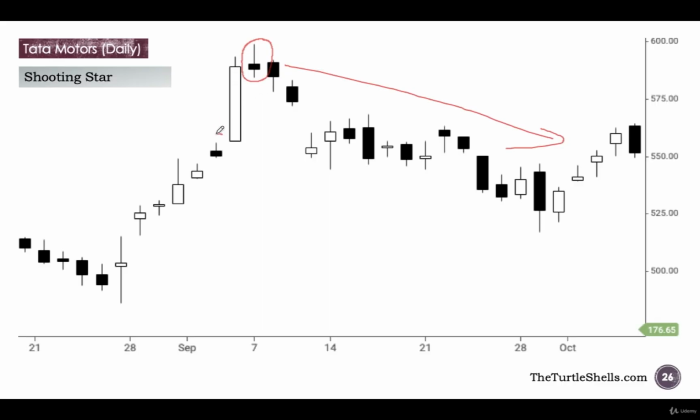So we have to be careful about such candles. Even though they appear after a nice uptrend, it doesn't mean that they are shooting stars. Even though they look like shooting stars, they are not.